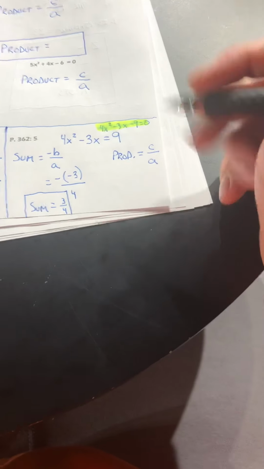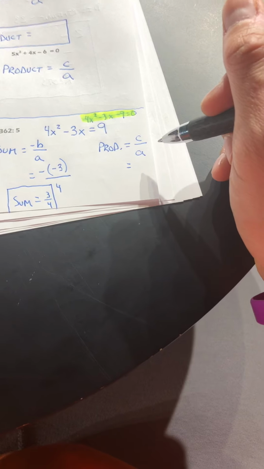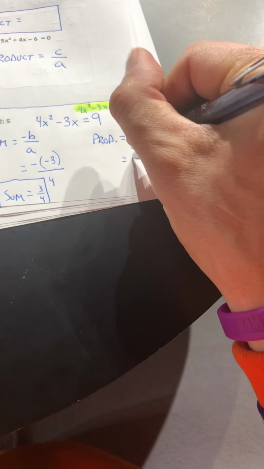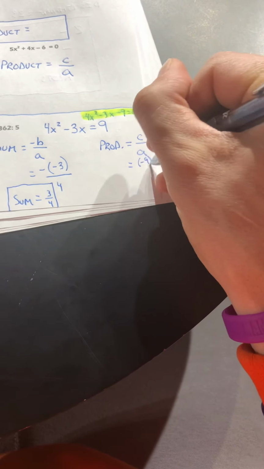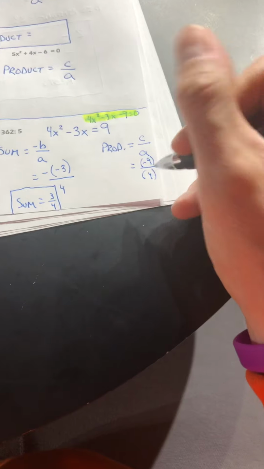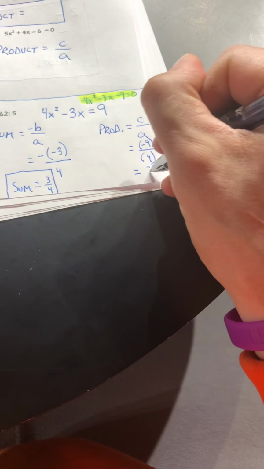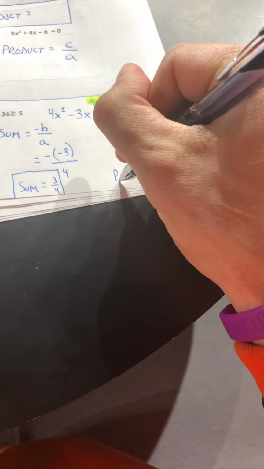For our product, we do the same thing. We take our c value, which is negative 9, all over our a value, which is 4. You can convert this to a decimal, or you can just leave it as negative 9 over 4 for the product.